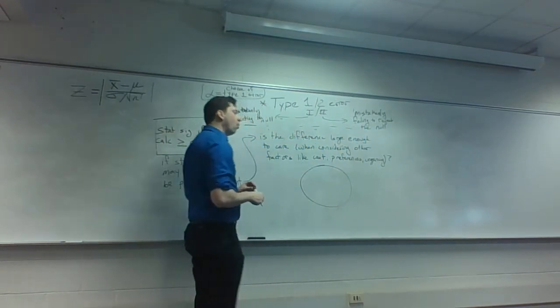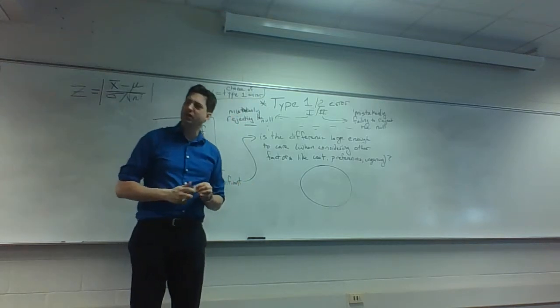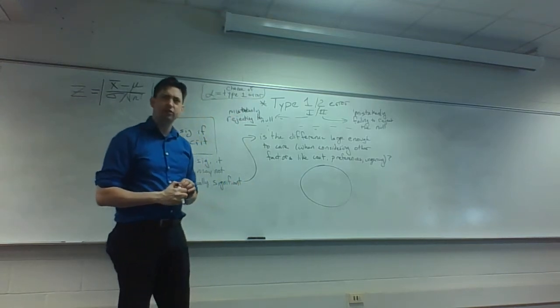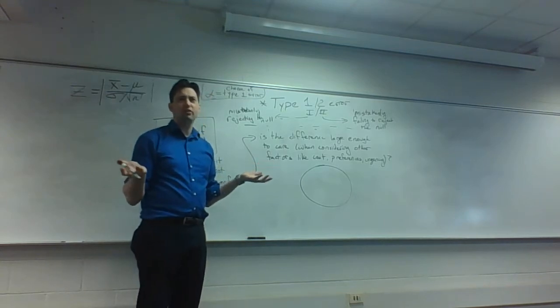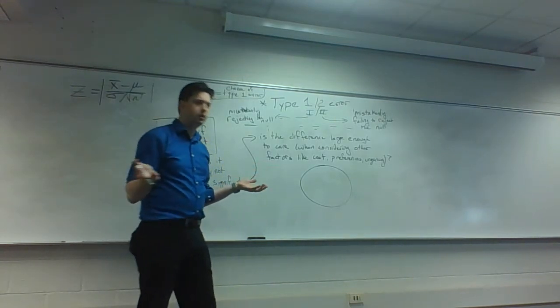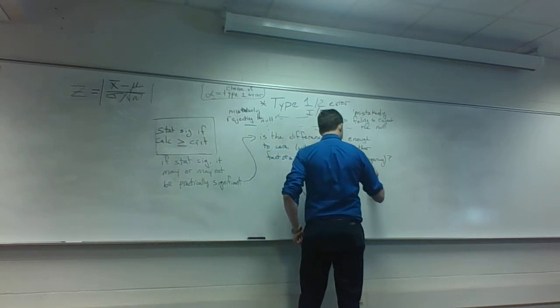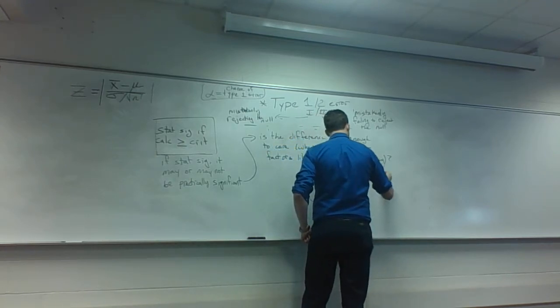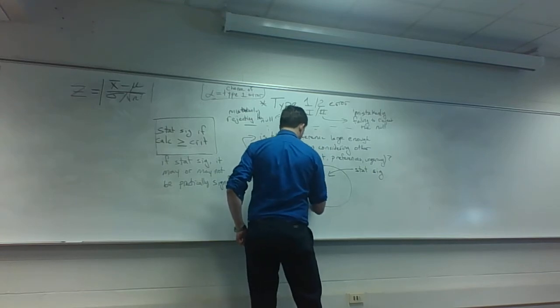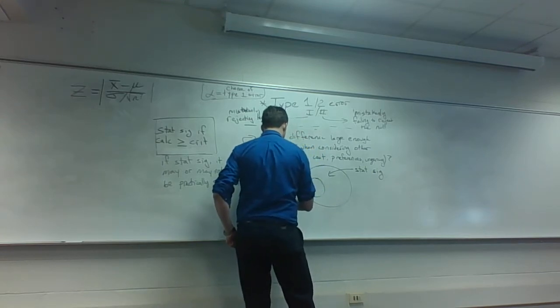Keep in mind that in order for something to be practically significant, it must also be statistically significant. If it's not statistically significant, you don't know what's going on. In the realm of things that are statistically significant, some part of them are practically significant.